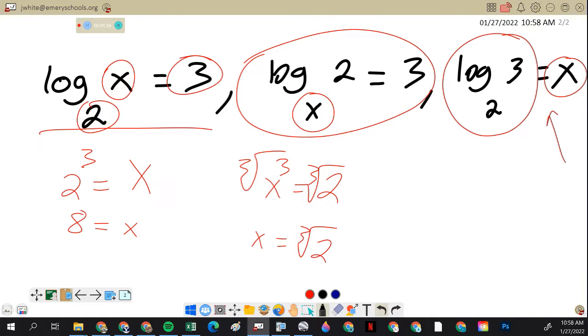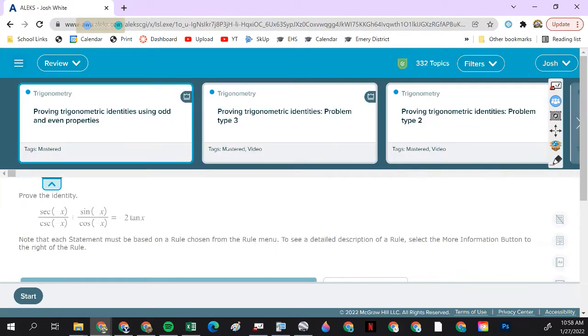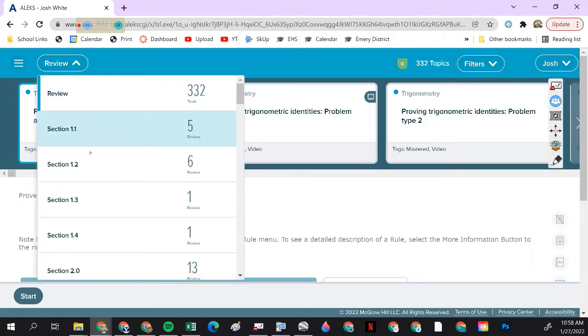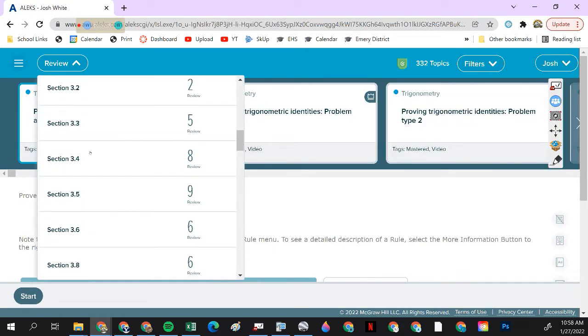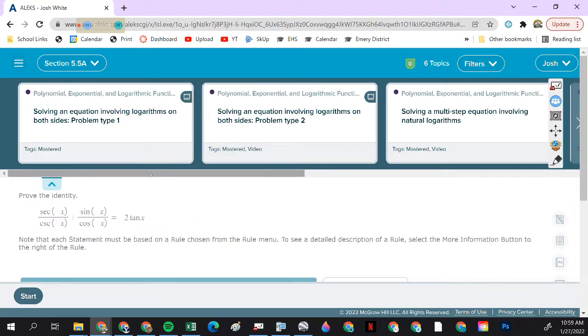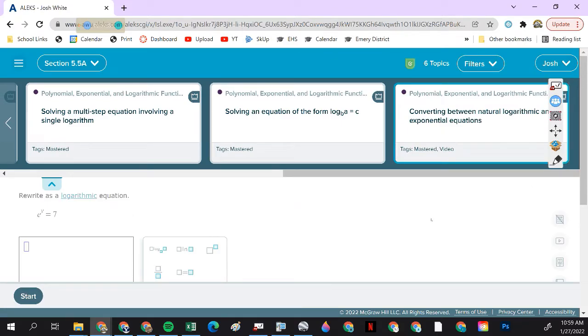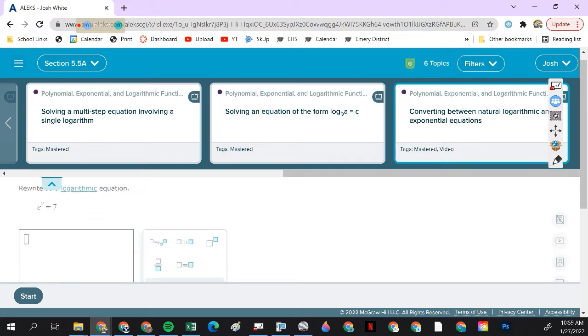All right. So in your assignment today, 5.5a, this first question says e to the y equals 7. What is that in log form? Would just be the ln of 7 equals y.